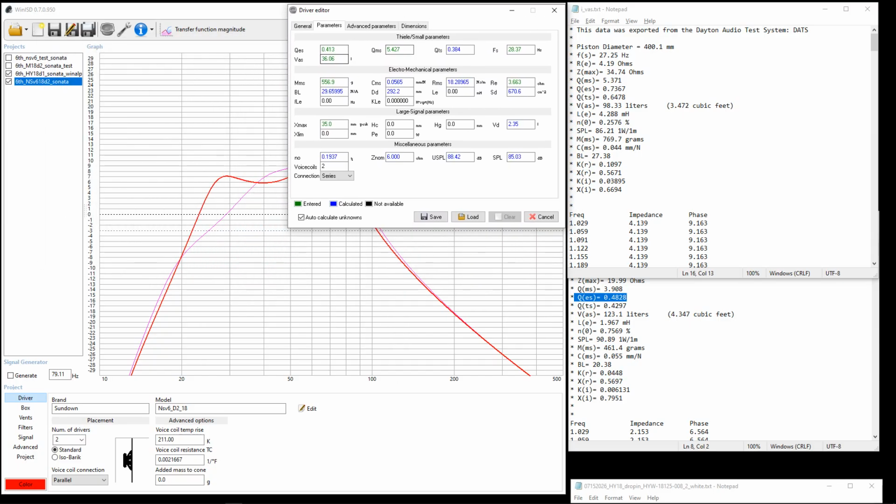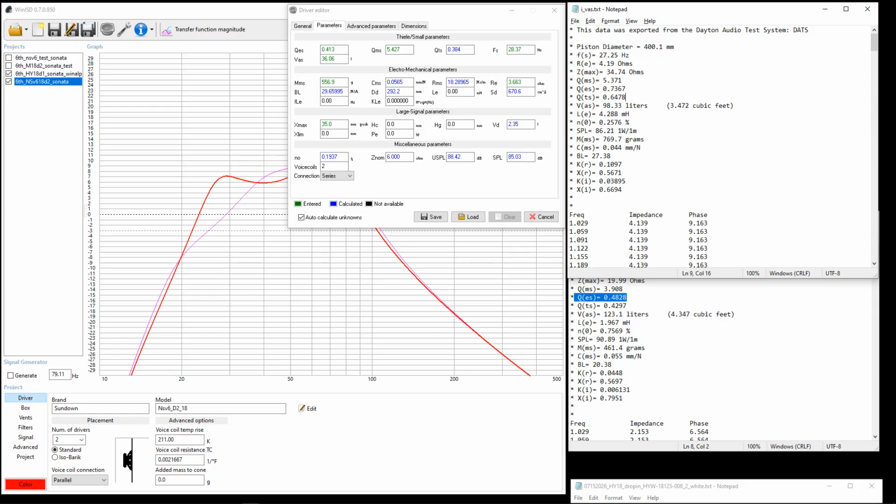We can clearly see that QE is way different. The FS obviously is going to be different, which I expected. The other thing that was surprising to me was the MMS. So I asked Sundown in a communication about this, because my initial thought was, because they're selling this as a carbon cone option, that the parameters I pulled were due to my stock configuration not having a carbon cone option.